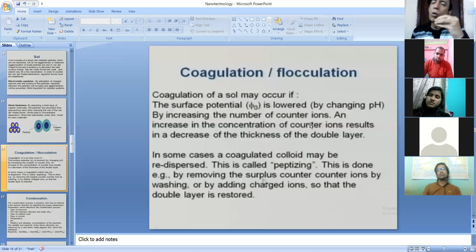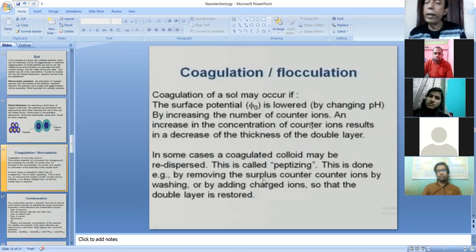Now, how can this surface potential be lowered? If you lower the pH or if you raise the pH, then what happens? Say, for example, there are some positive charges in the salt molecule.